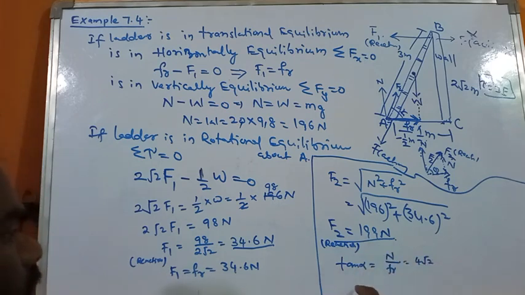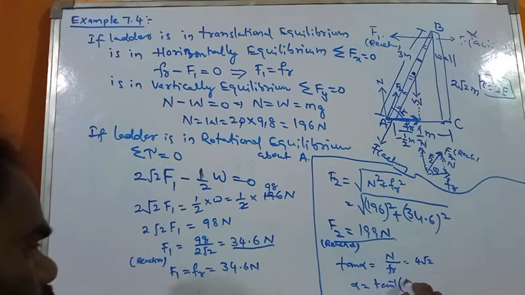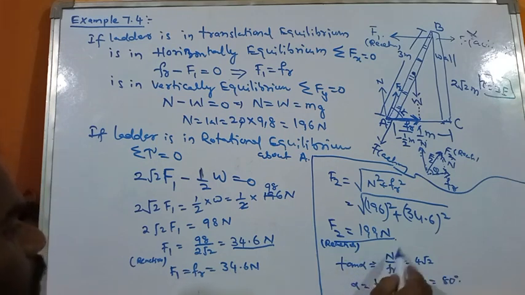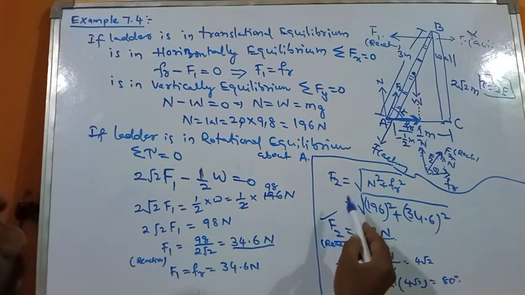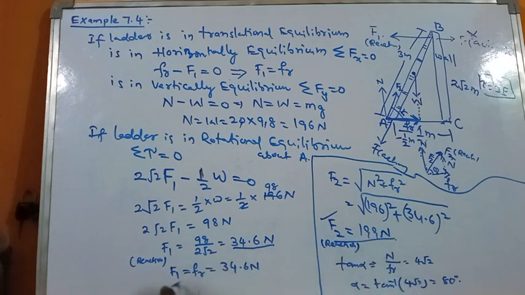Okay, and alpha is equal to tan inverse of 4 root 2, and that is equal to 80 degrees, which is not required, but this is the reaction force by the floor. Okay, this is the reaction force by the wall. This is our example 7.4.